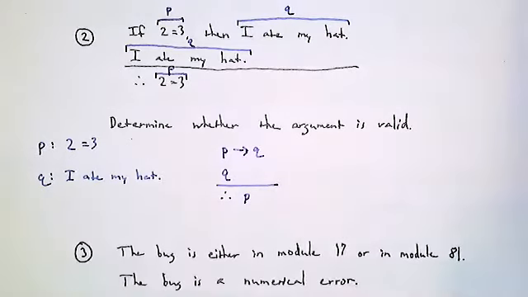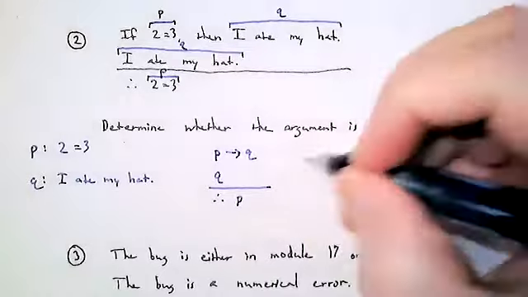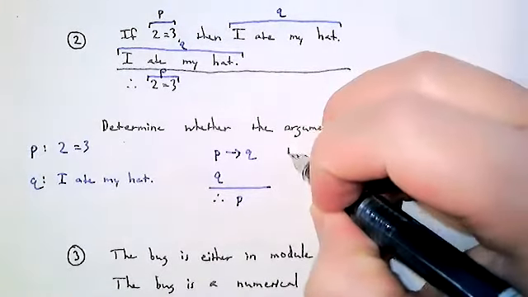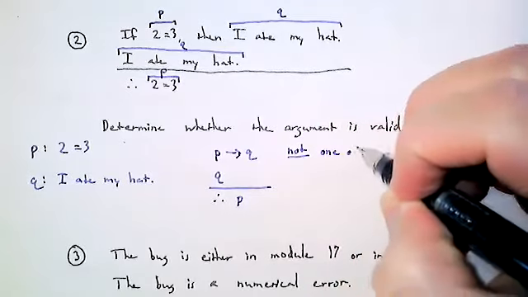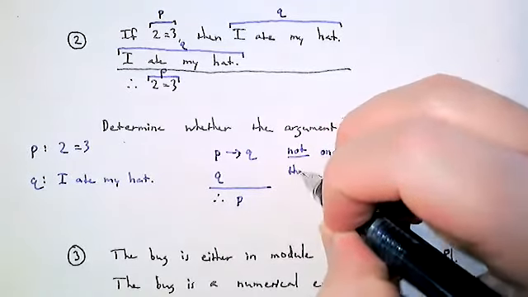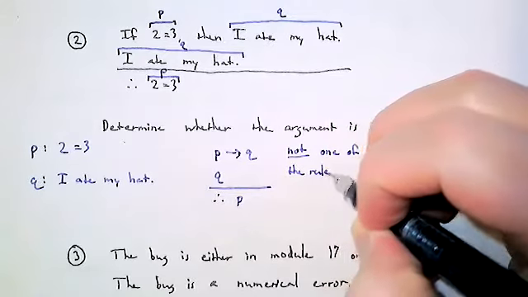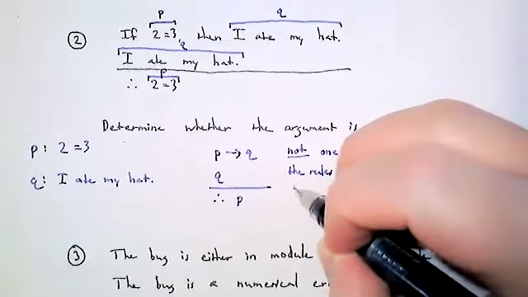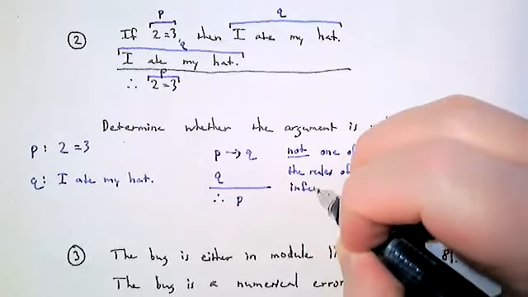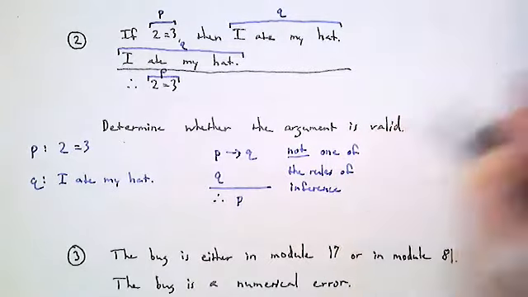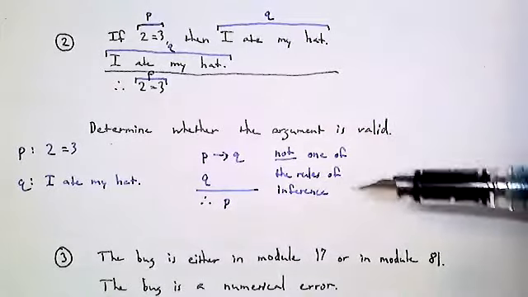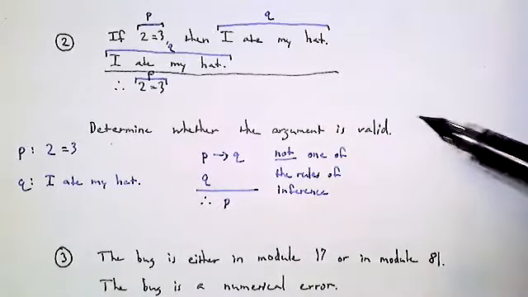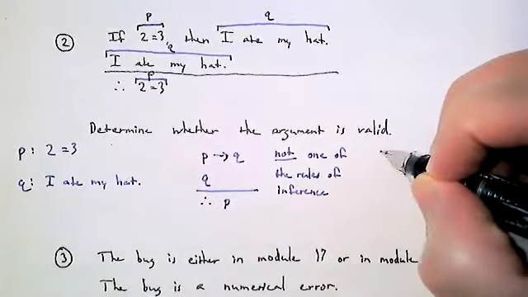So this actually is not a rule of inference. And actually, this one is not valid. So it's possible that it could be valid even if it's not one of the rules, but this one is not.